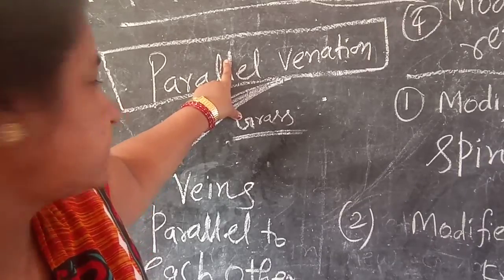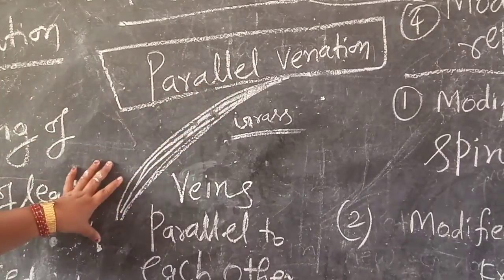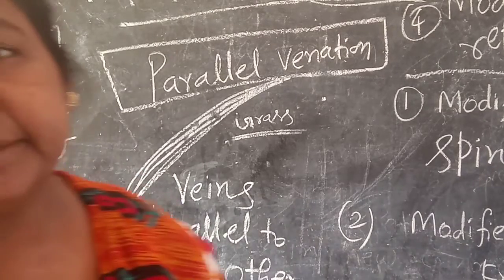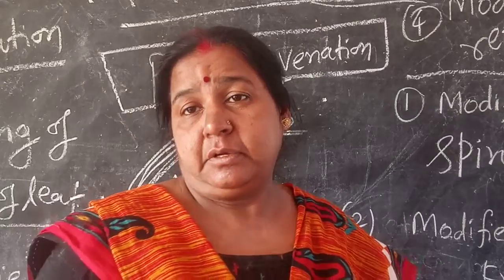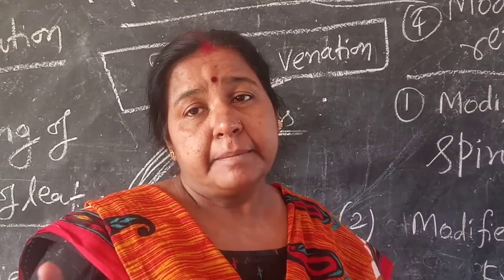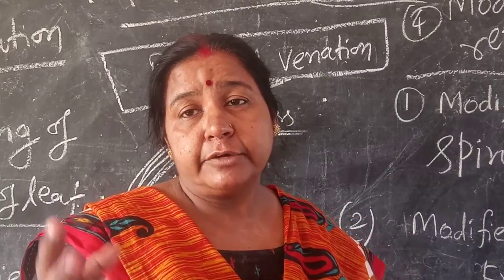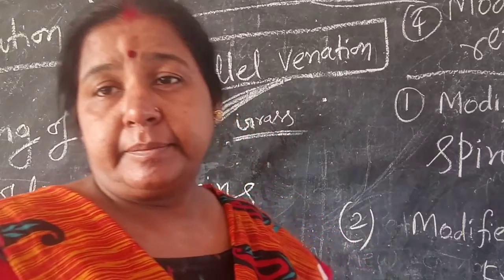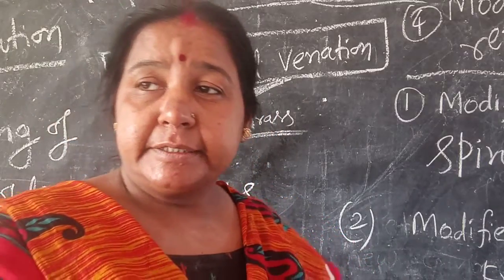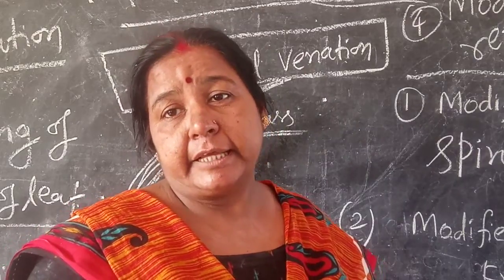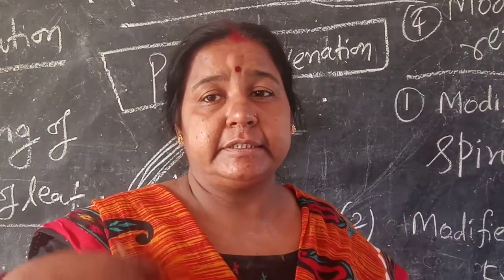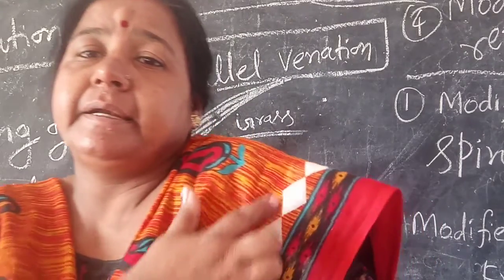Understand? So now you have understood what is the venation. That is pattern of veins. Pattern, that is what form the substance looks like, as a flower, as anything. This is the pattern.